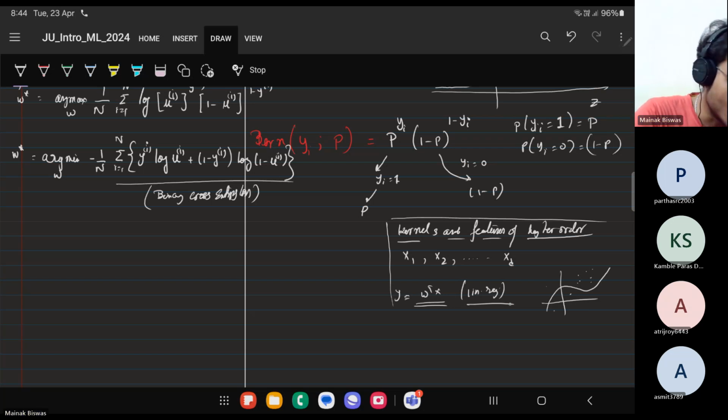So say you have a curve like this that explains the data, right? Let us, for simplicity, take one x only, x and y. So can x explain this data? Say this is the data you have. If you're not understanding, please ask.